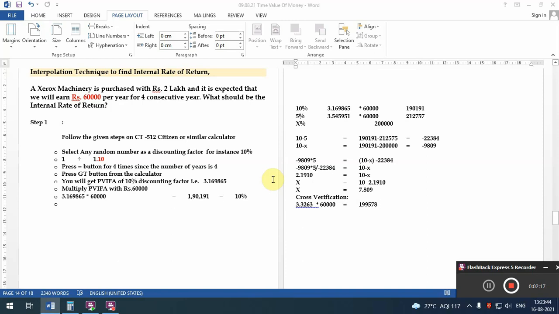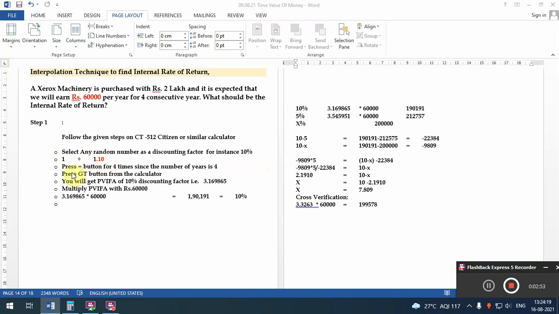Now why 1.10? 1 is a constant over here, and this 0.10, which is a decimal figure, is equal to the 10%. So if you convert 10%, it will be 0.10. I am adding 1 to it, so 1.10. So I hope you are understanding: 1 divided by 1.10.